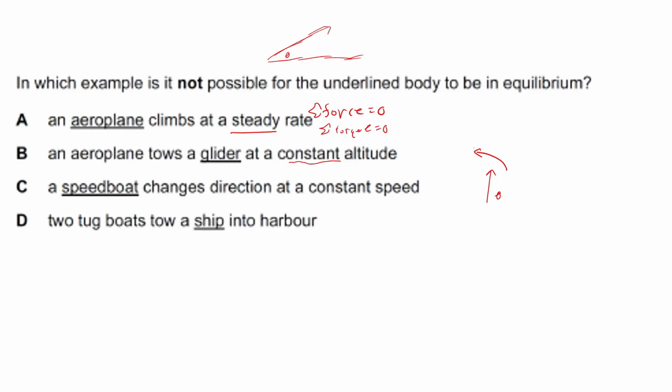So there is actually some torque acting on the object. So thus our answer is going to be C. If you're confused by my definition of equilibrium, this just means that the resultant force is equal to 0, and the resultant torque is also equal to 0.